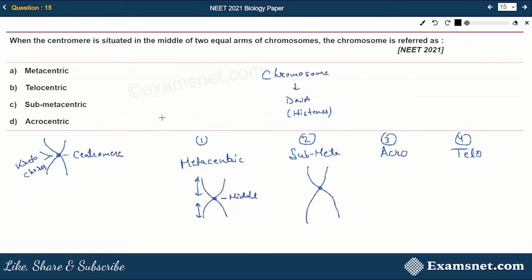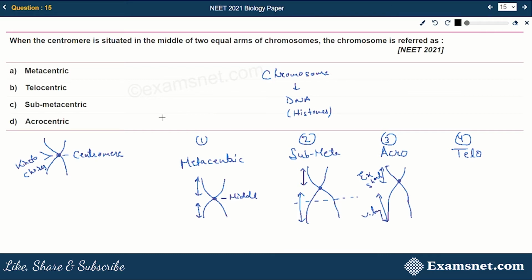So it will form one smaller arm, whereas the other arm is longer. Now in the acrocentric, this centromere is present near the end of the chromosome, forming an extremely short arm and a very long arm.